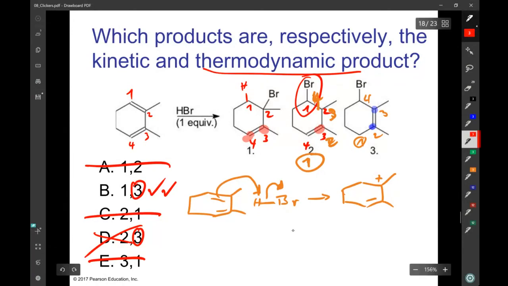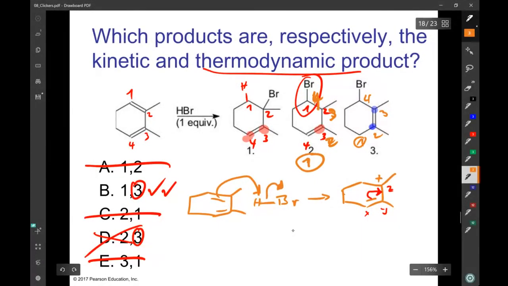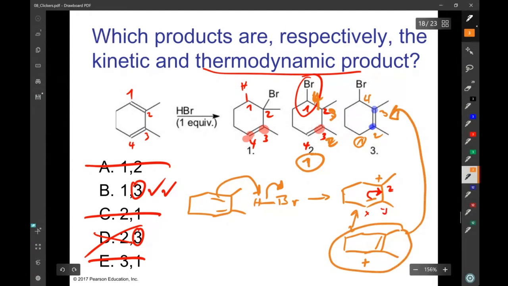And you notice that my carbocation, I have my X, my Y, and my Z. So because I have that X, Y, Z, I can undergo resonance. If I undergo resonance, that's what I will have. And by doing that, this will be the resonance structure here. Do you see that? And so it is this second resonance structure that leads to the formation of number 3. And this first resonance structure leads to the formation of number 1.